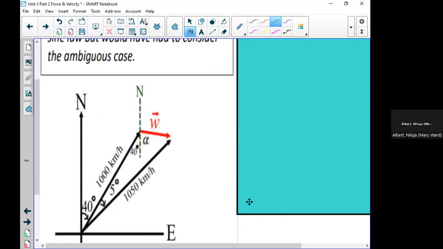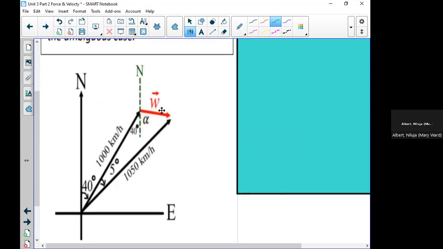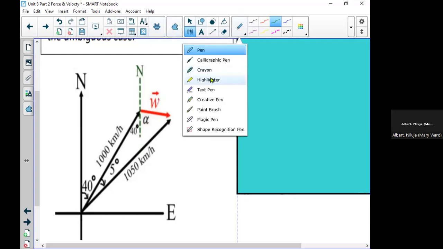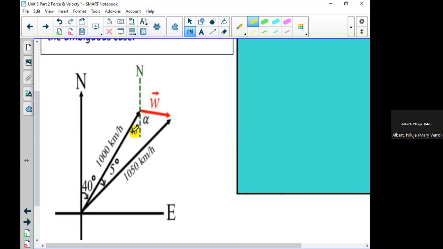Well, the first thing we can recognize is that since the north lines are parallel here, we could conclude that this particular vector acts as a transversal. You guys remember those in grade 9, where you had 2 parallel lines, you drew a line through them, and then the angles of each had certain properties, right? One of the properties was, you might remember it called the Z pattern, sometimes it's different names, but the fact is those 2 angles are going to be equal.